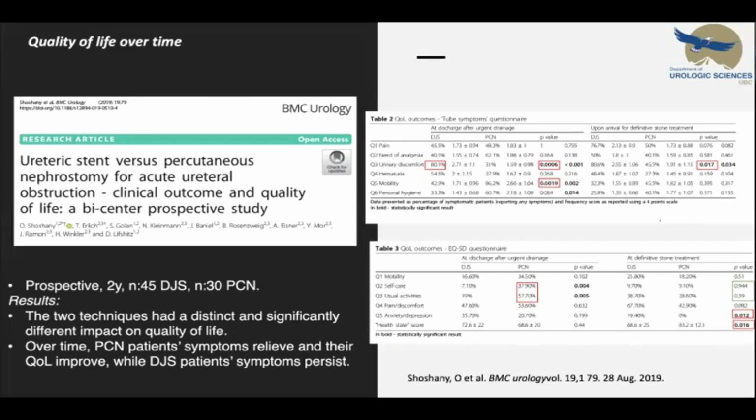When it comes to the long-term or over time effect, in this prospective bicentered study over the span of 2 years, 45 patients with double J stent and 30 with percutaneous nephrostomy tubes were recruited.